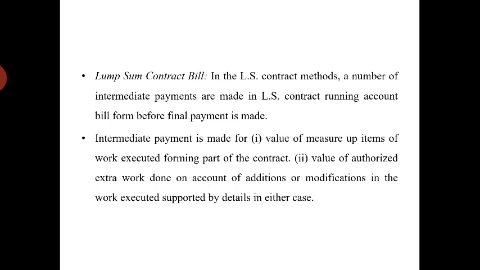Lump sum contract bill. In this lump sum contract method, a number of intermediate payments are made through running account bills before the final payment is made. In this lump sum method, they carry out the work in a number of parts: you have to complete one part and this much will be paid.